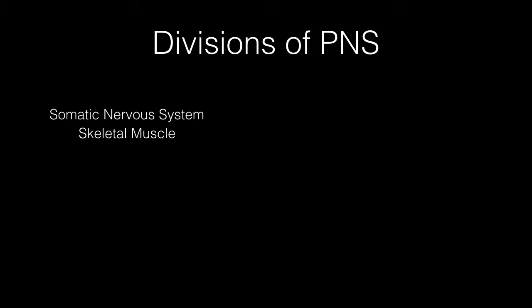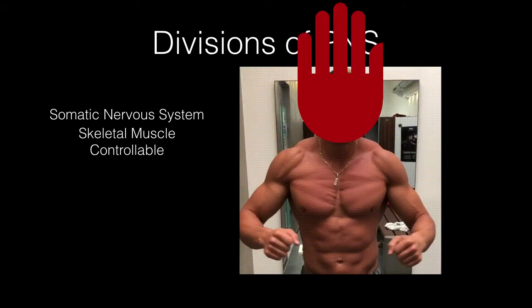And we know that skeletal muscle is controllable, and we can see this guy here. He is moving all his individual fasciculi. Pretty attractive. But yes, the somatic nervous system controls skeletal muscle, and it's voluntary. We have conscious control over this.